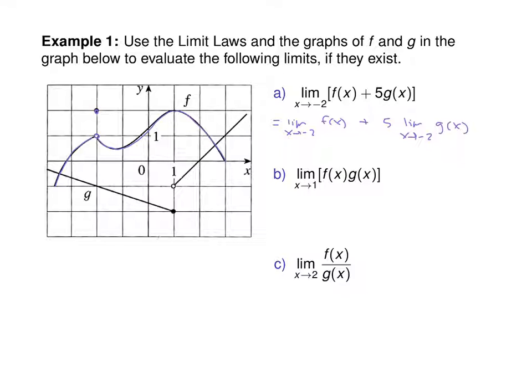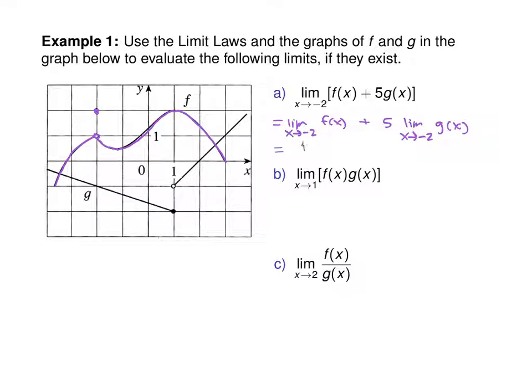Okay, and then nothing has changed from yesterday. So as x approaches -2, this is x equals -2 right there, right? So what's happening to the y value of that f function as x gets close to -2 from both sides? It's going to 1.